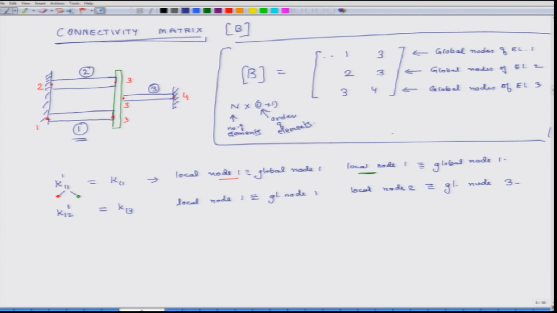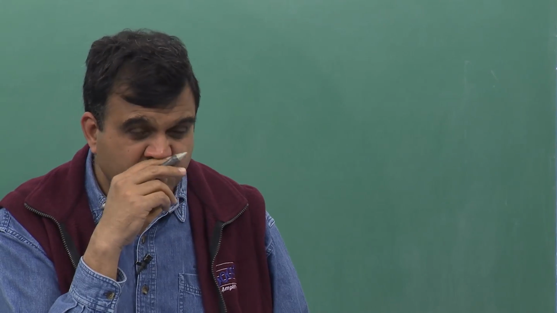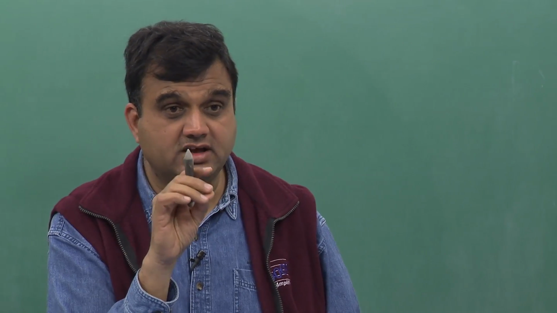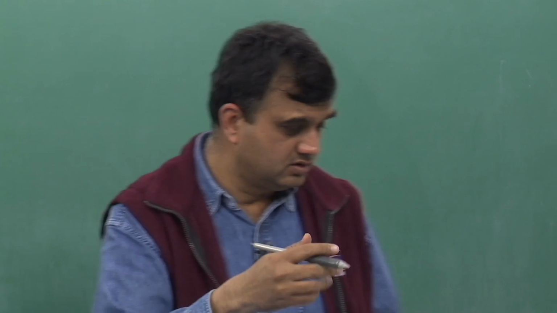Now the first subscript is 1, that corresponds to global node 1. The second subscript is 2, that corresponds to global node 3. Now we also see that this number 3 occurs in 3 places, which means that when we are calculating K33, it will have 3 components, okay.